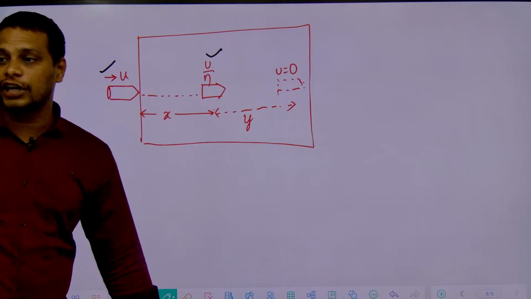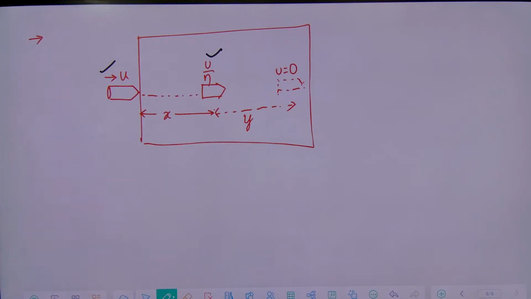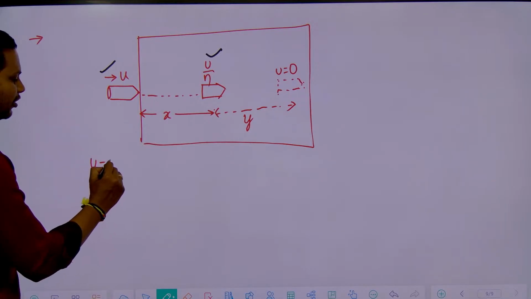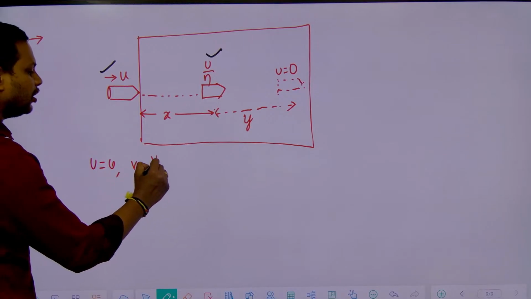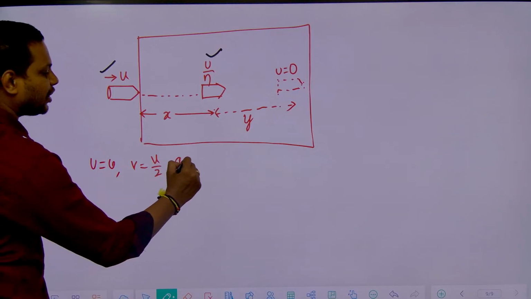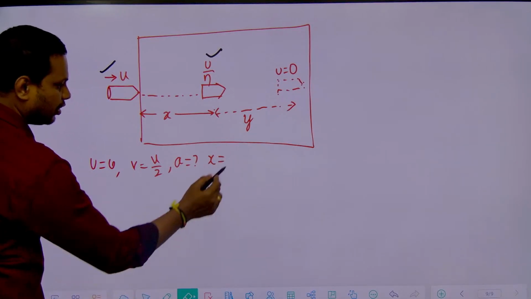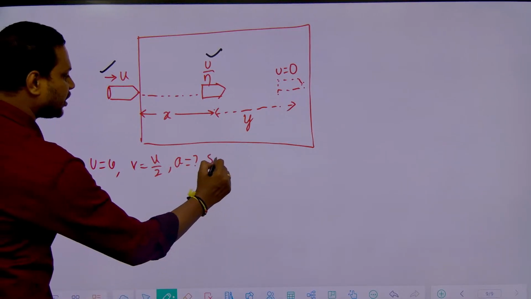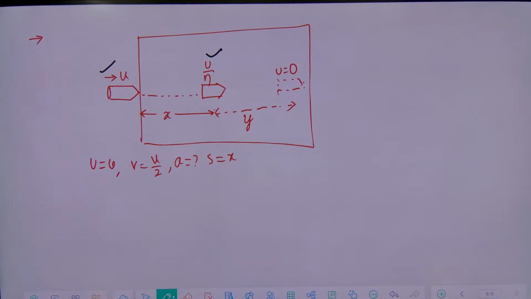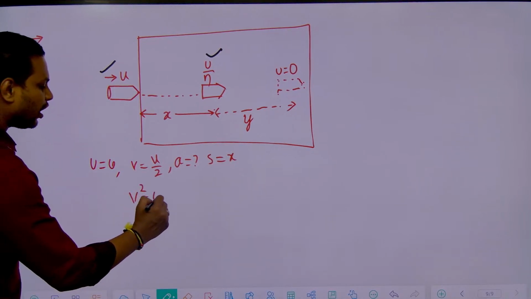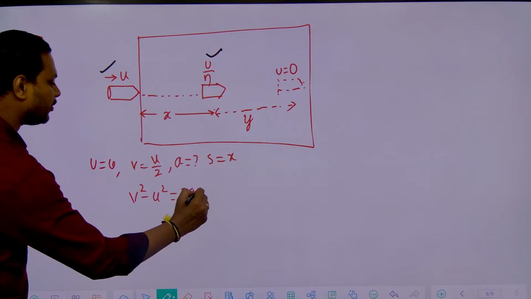Then which relation we can use? v square minus u square equal to 2as. Acceleration we don't know. Displacement s is equal to x.